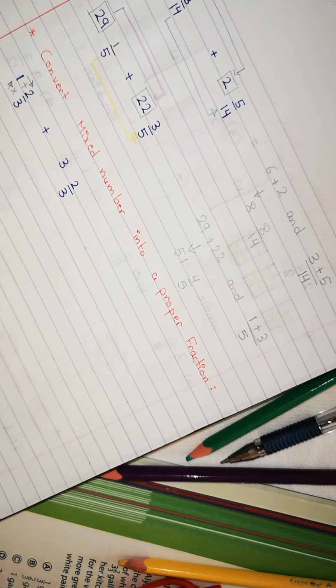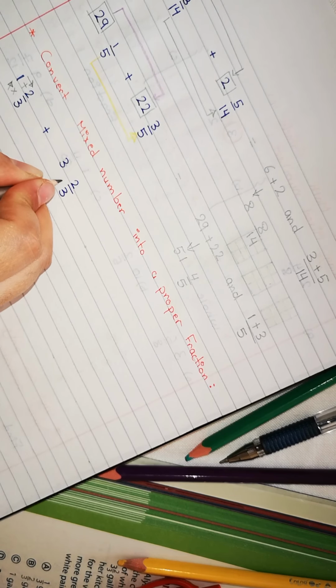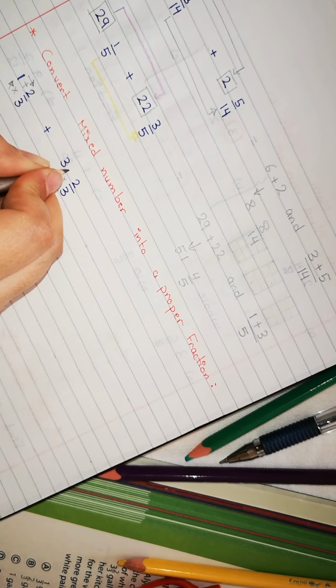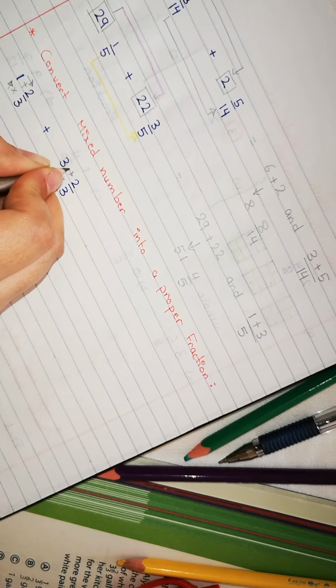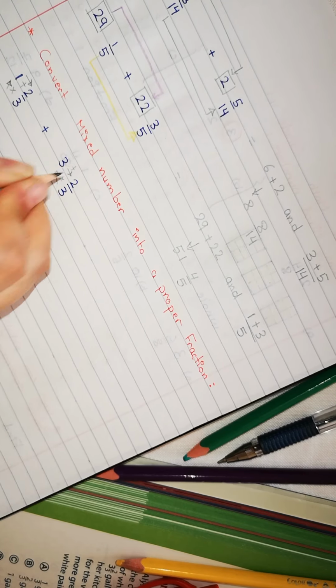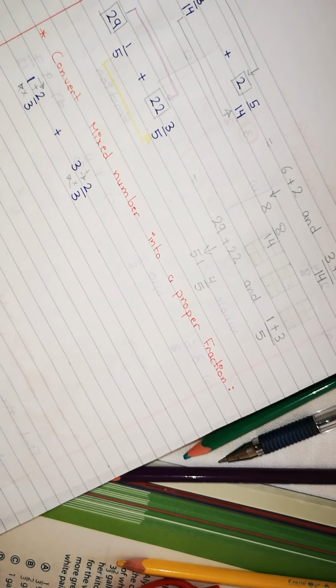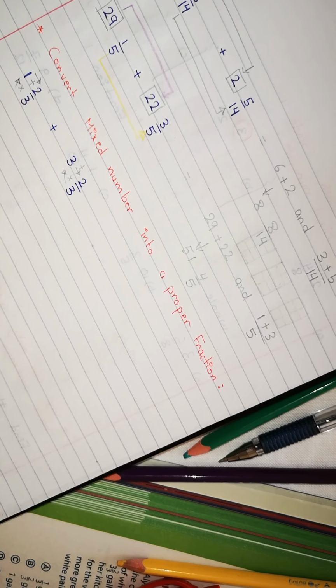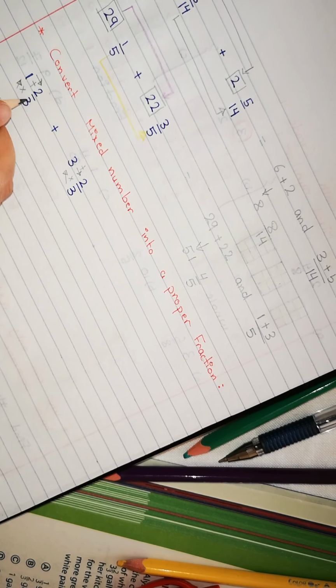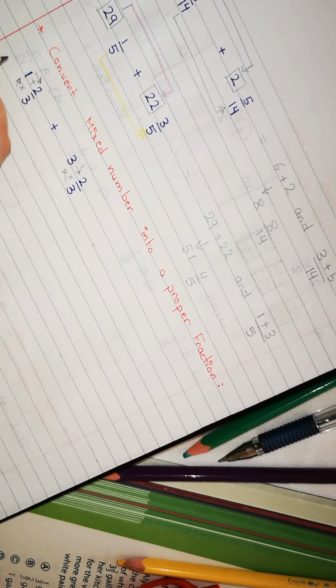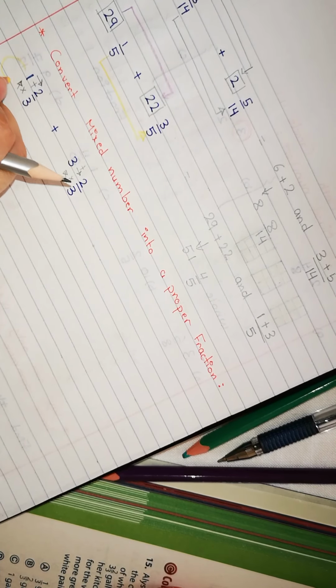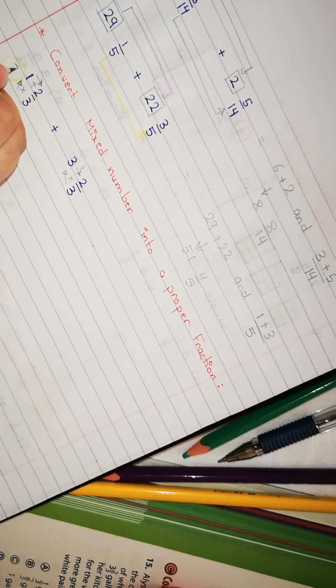By tracing the arrows. And here, 3 multiplied by 3 plus the 2 here. So 3 times 1 equals what? 3. The result is here.